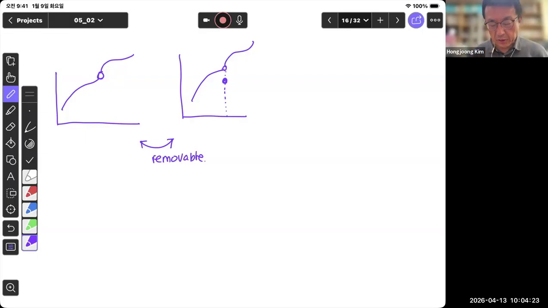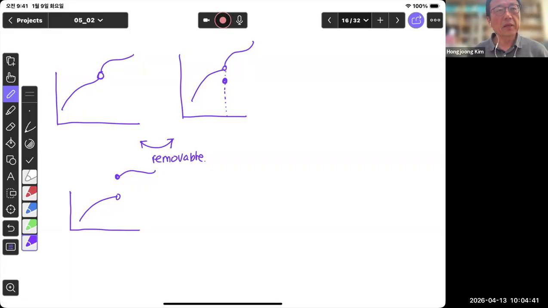So something like, your function is continuous up to this point and the left hand limit exists, and we have some function like this to the right of that point, so that the right hand limit also exists, but these two limits are not the same. Then we say the function has a jump discontinuity.